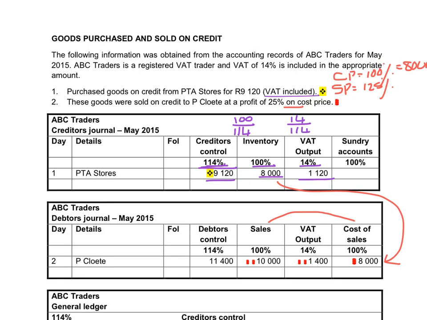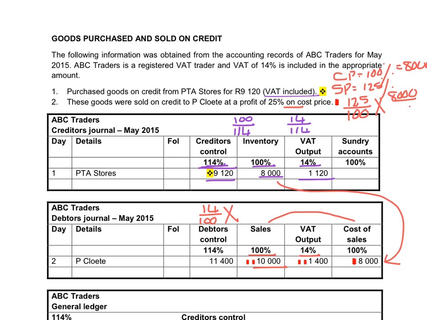So if I want to calculate the sales price, the one that I want, 125, divided by the cost price percentage that we know, 100, times 8,000, and that will give me the 10,000 Rand. If I want to calculate the VAT, the one that I want, 14, divided by the one that we know, 100, times 10,000, and that will give me 1,400.